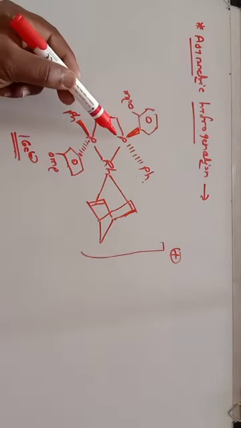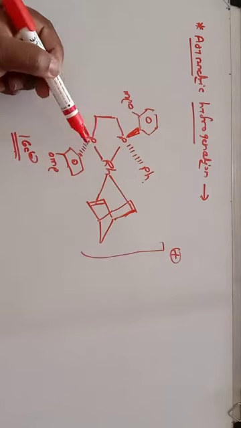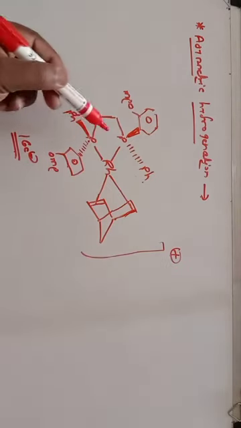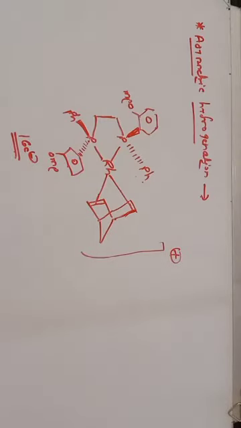The phosphines also contribute 2 electrons each, so 4, making total 8. The rhodium contributes 9 electrons, so 9 plus 8 is 17, but the net charge is positive, so it becomes 16 electrons. So with the help of this catalyst we can convert alkenes, that is carbon carbon double bonds, into chiral compounds.